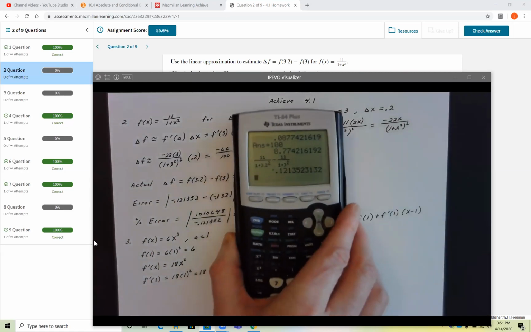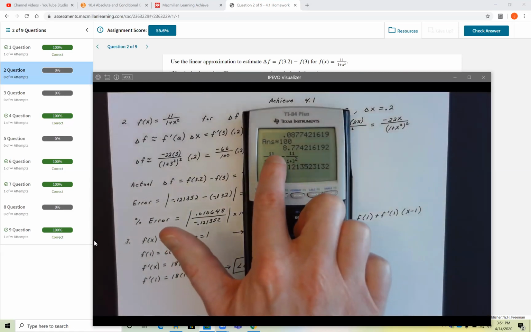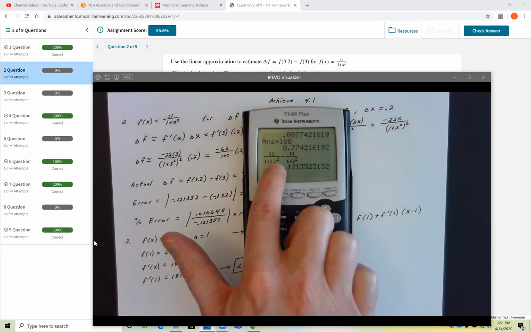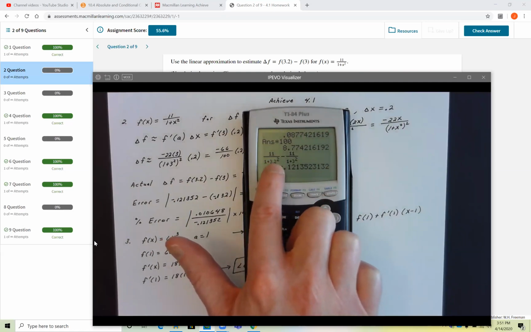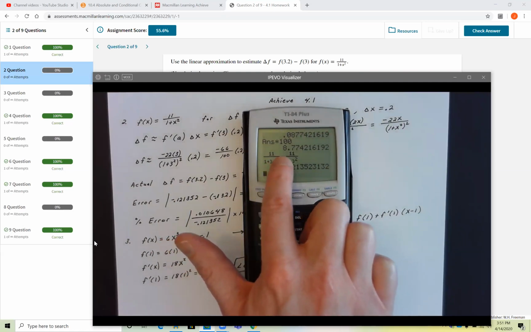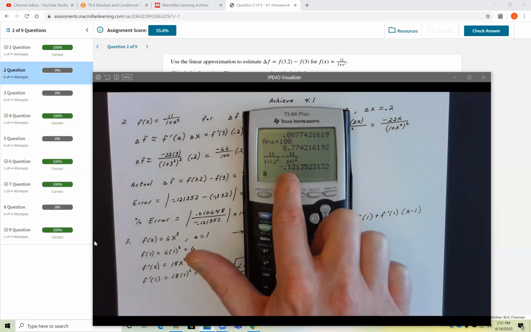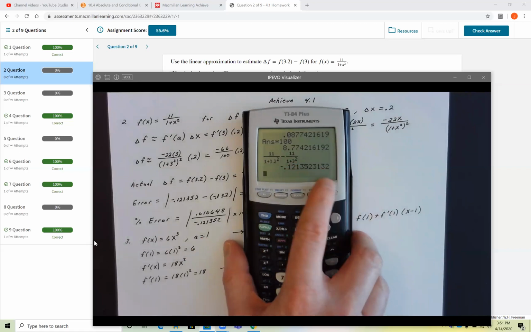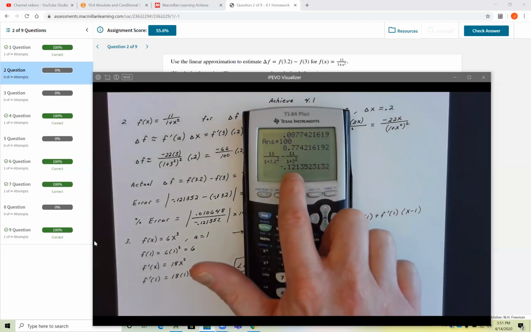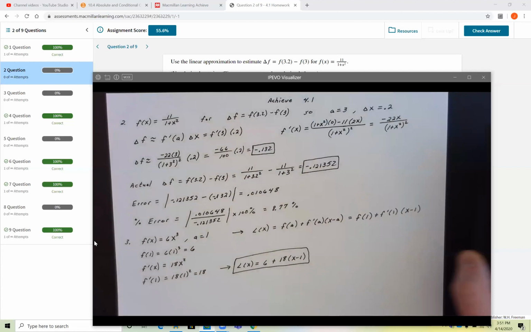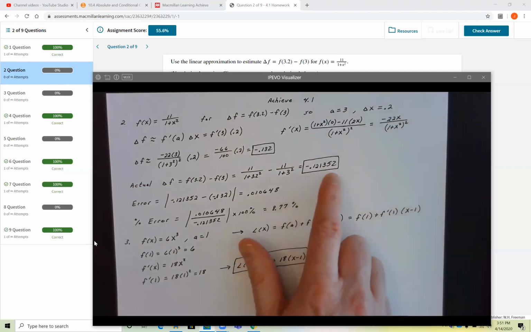I did that on the calculator here. I just said f evaluated at 3.2 is 11 over 1 plus 3.2 squared, minus the function evaluated at 3, which is 11 over 1 plus 3 squared. Achieve wants the answer to 6 decimal places, so I said negative 0.121352. So I pull that answer out.